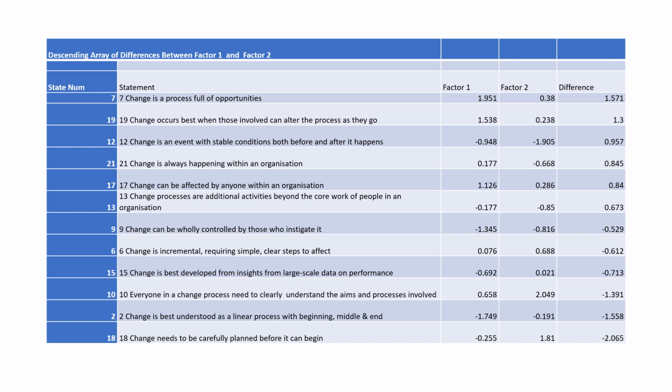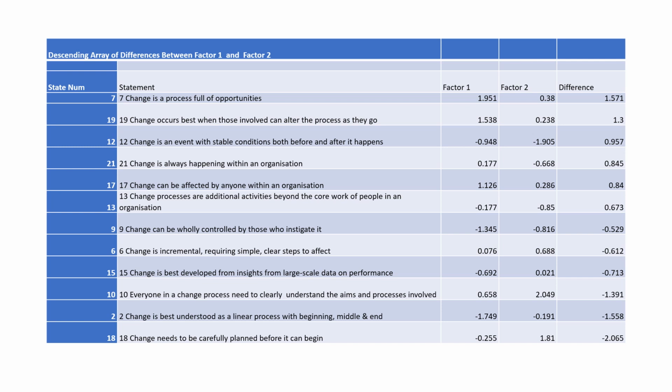This just gives you an idea of descending array of differences. So at the top here, change is a process full of opportunity is really important for factor one. It's not really that important for factor two, for group two, and the difference there is 1.5. And then as you go down, the differences get smaller.